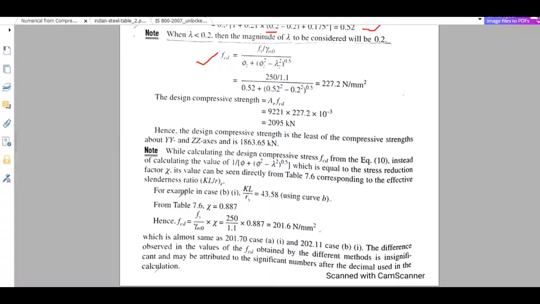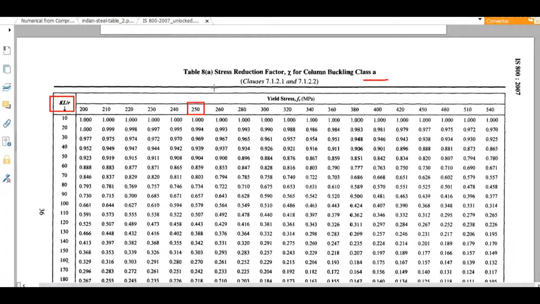As you can see in the example, they have selected KL by RY, that is 43.58. If I want to find the strength about the y-axis, then KL by RY should be selected, and that is 43.58, and for curve B you should select 8B. Simple, 8B.